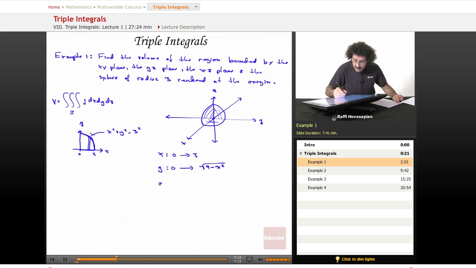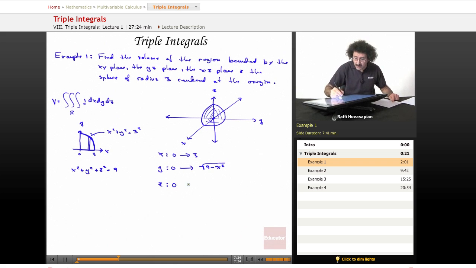Now z. Well, the equation for the sphere is x squared plus y squared plus z squared equals 9. Well, I need everything above the xy plane, so z is going to be 0.